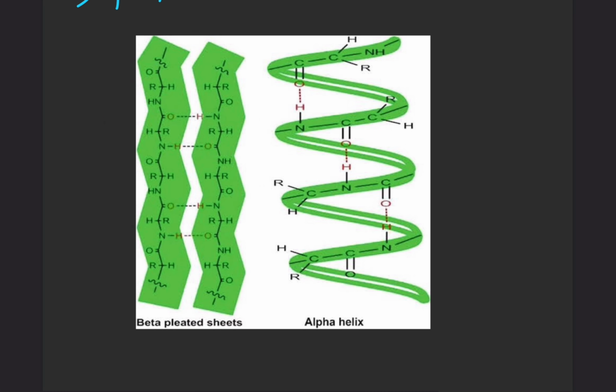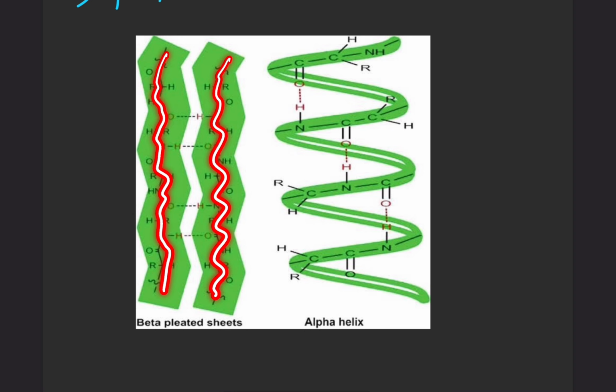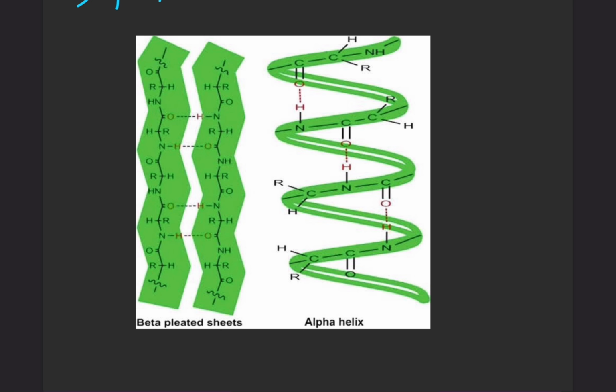Okay, so in this the polypeptide chains lie side by side in a zigzag manner. You can see these are the chains, and they lie side by side in a zigzag manner. Okay, and the two such neighboring polypeptide chains, that is these guys, are held together by hydrogen bonds. Can you see O and H, there is a hydrogen bond, H and O, there is a hydrogen bond, again O and H, hydrogen bond.